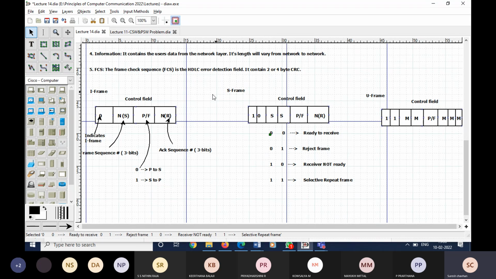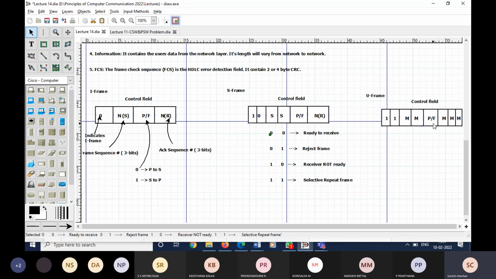So far we have seen the I frame and the S frame, and I stopped here in the last class. Now we will see the U frame. In the U frame, the starting 2 fields, 1, 1, indicate that this is a U frame, and the M and MMM fields are the 5-bit codes.